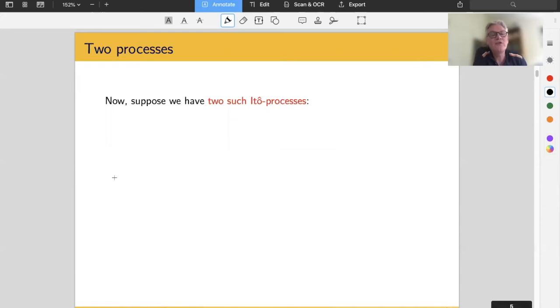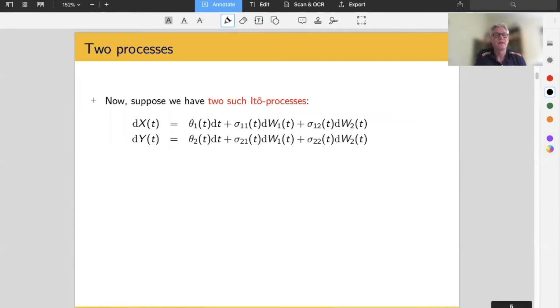Now suppose we have two such Ito processes, X and Y. How does it look then? Let's again immediately consider the differential form, it's most convenient. In that case, we have dXt is equal to theta 1t dt plus sigma 1t dW1t plus sigma 2t dW2t.